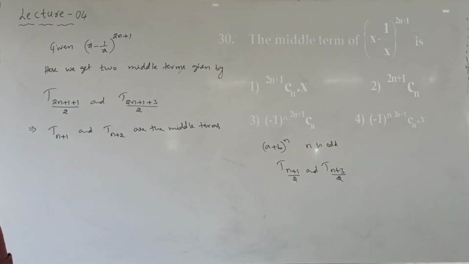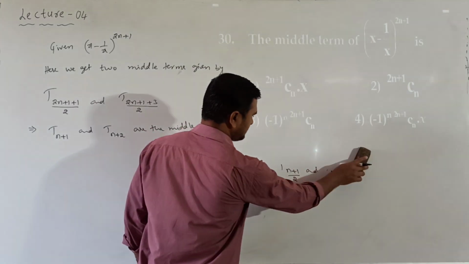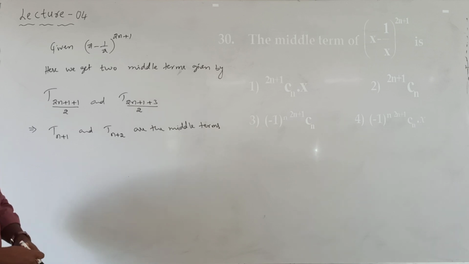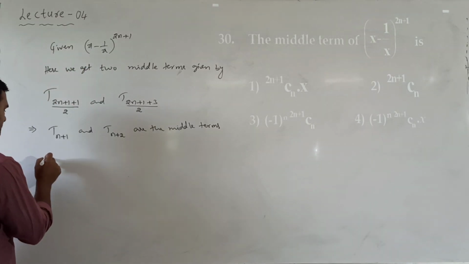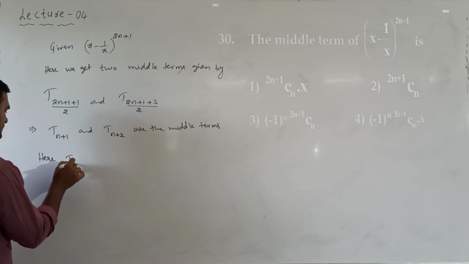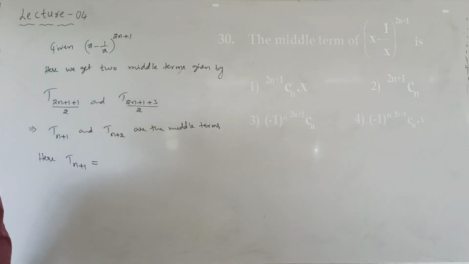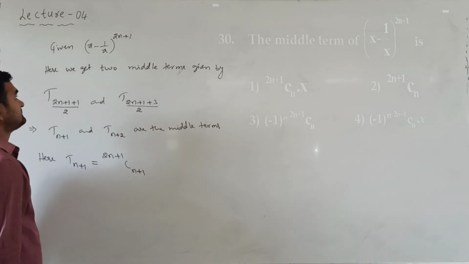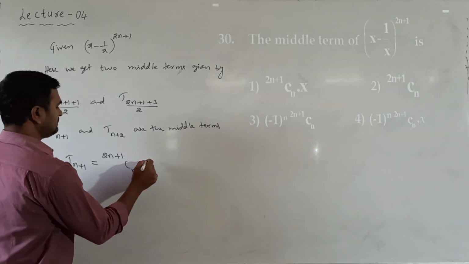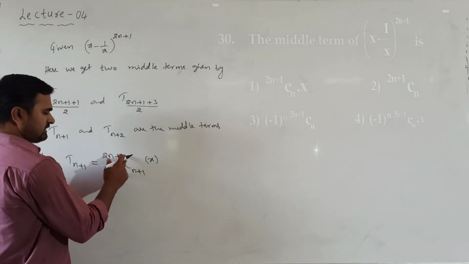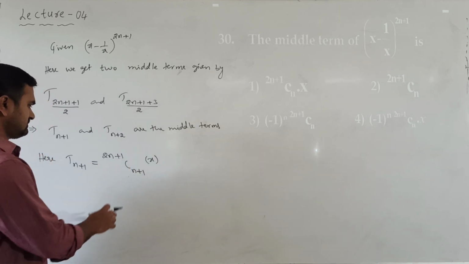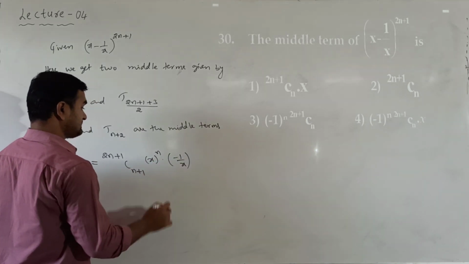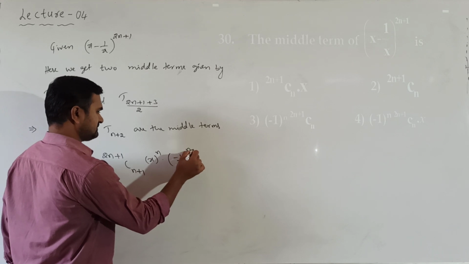So we know that two middle terms exist and the terms are T n plus 1 and T n plus 2. Now we have to find those values. T n plus 1: 2n plus 1 c n plus 1, x to the power of 2n plus 1 minus n plus 1, so 1 cancels and we get x power n. Next, minus 1 by x power n plus 1.